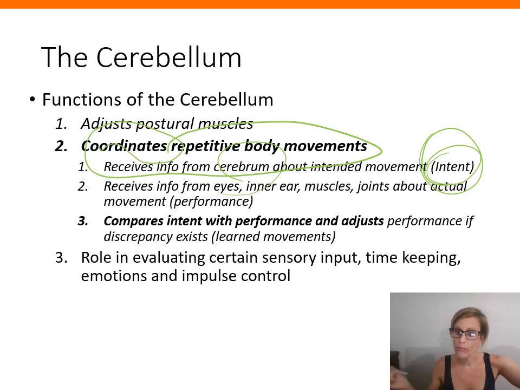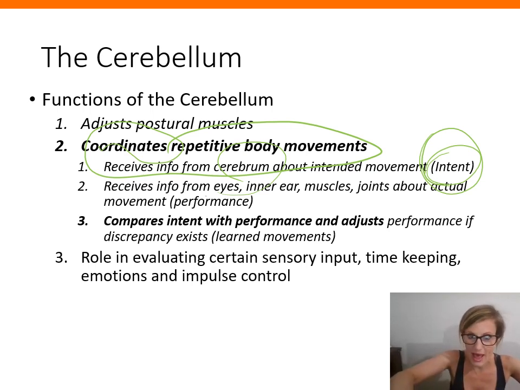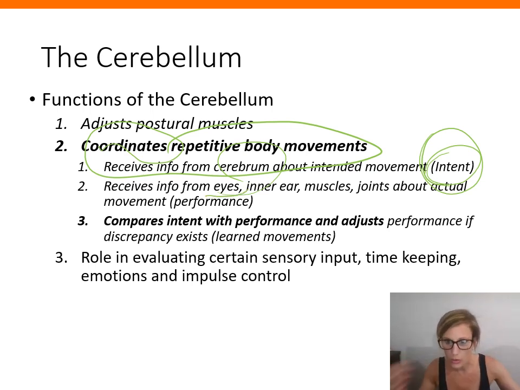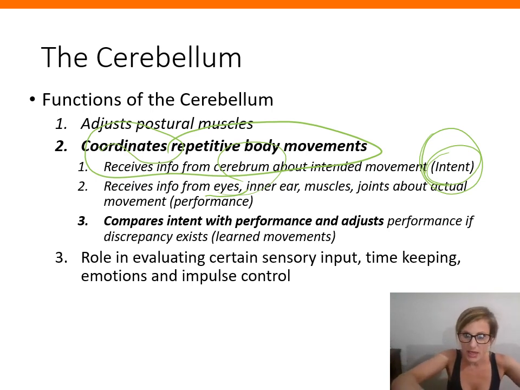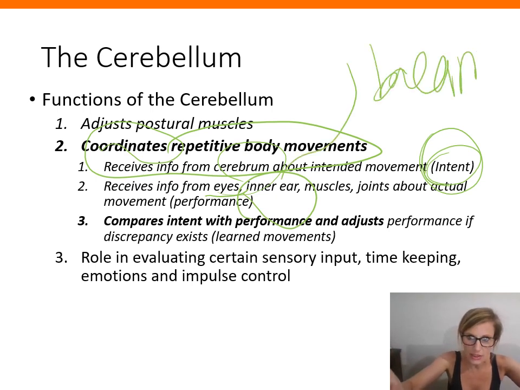Then the cerebellum also receives sensory information from the body to see what actually happened with the movement. So it receives information from the eyes, right? So you see what the movement actually looks like. From the inner ear. The inner ear is where we have balance, right?